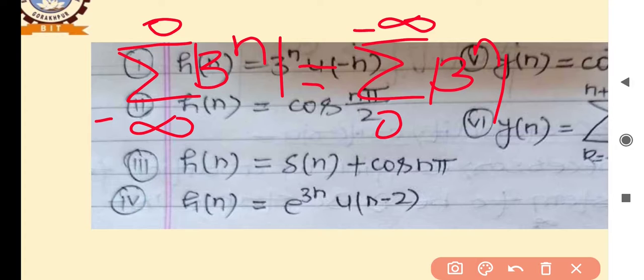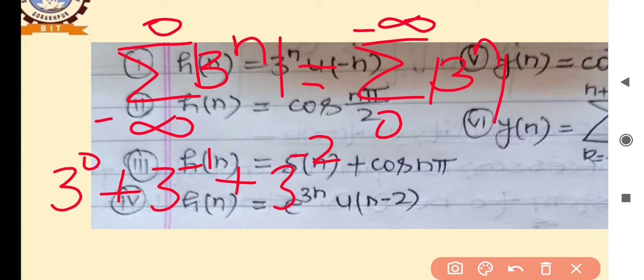Then it will become 3 power 0 plus 3 power minus 1 plus 3 power minus 2 plus so on up to 3 power minus infinity.